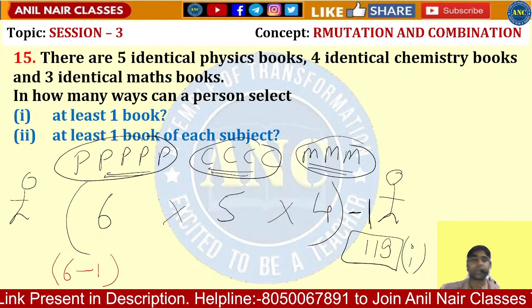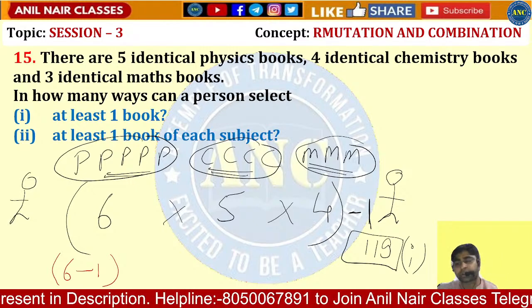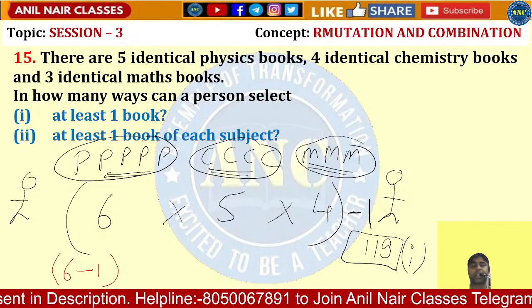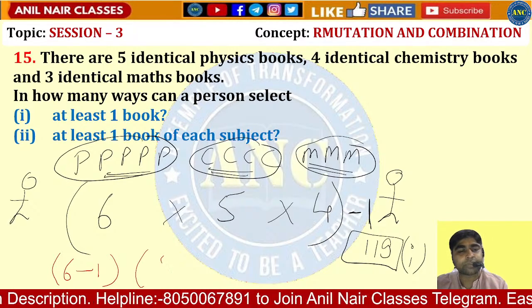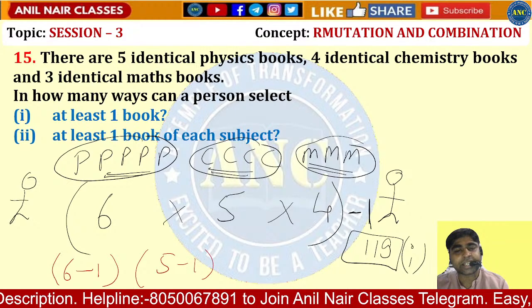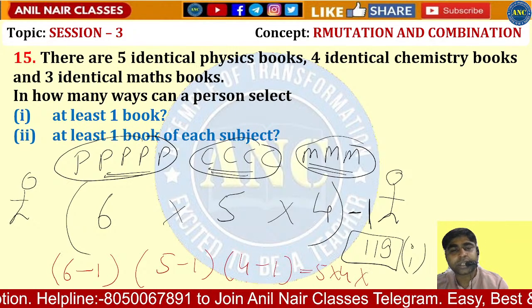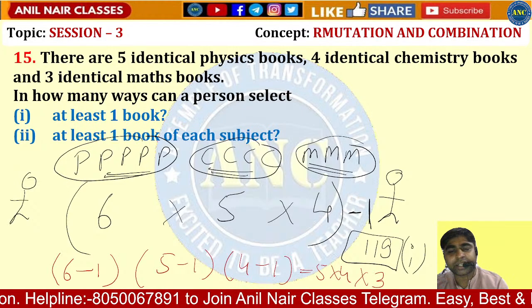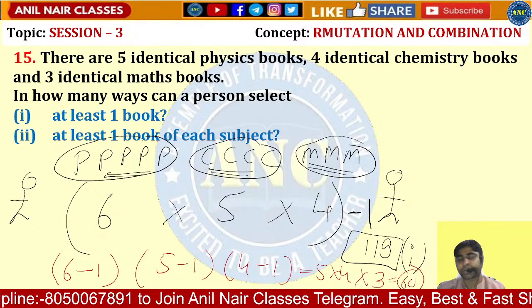Now, similarly for the next, I can choose 1, 2, 3 or 4. For the third, I can choose 1, 2 or 3. So 3 options only here. So this would be 5 into 4 into 3 directly. That would be 60. So 60 would have become my answer to this particular question.